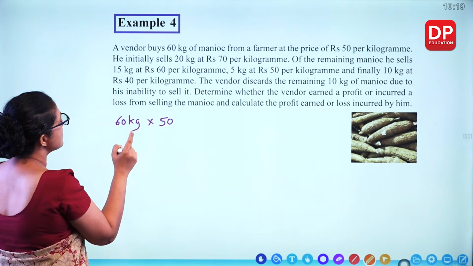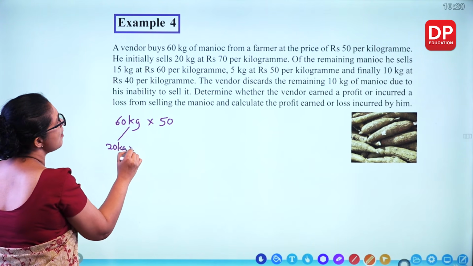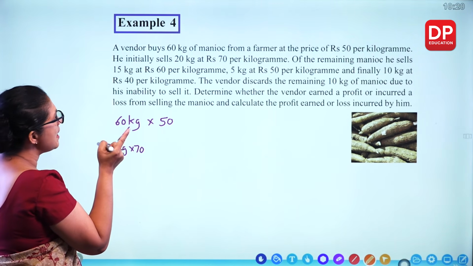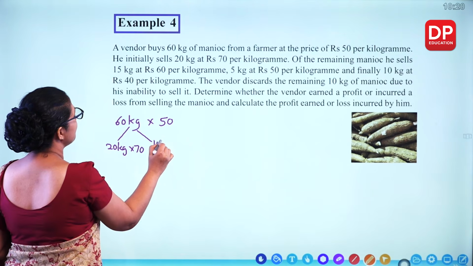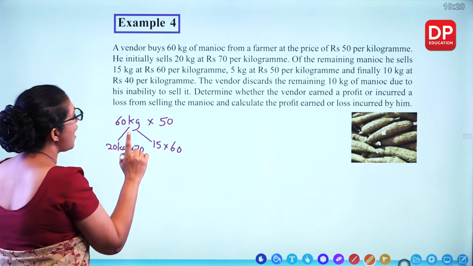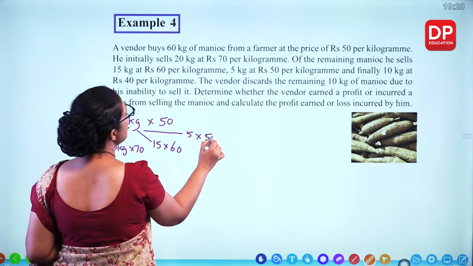He initially sells 20 kilos at 70 rupees. The remaining manioc, 15 kilos at 60 rupees and 5 kilos at 50.